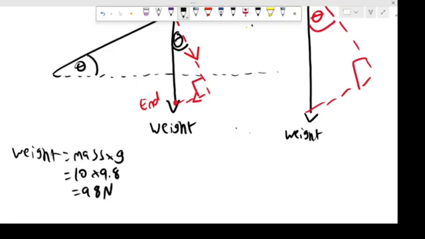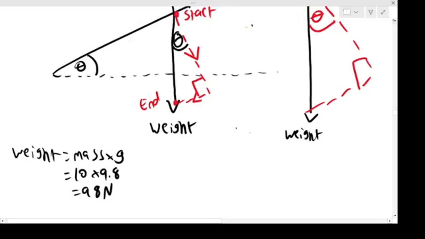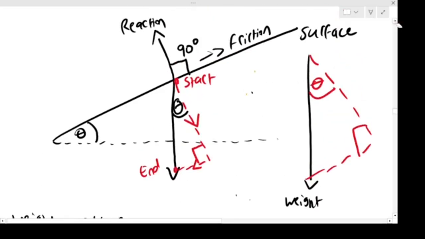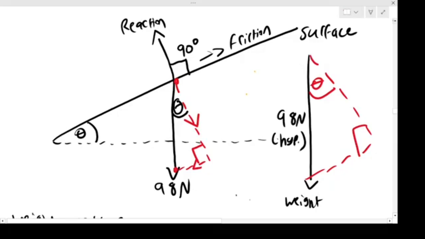So the weight force is going to be 98. Therefore, if I look at this triangle, this side is 98. That's the hypotenuse, because it's opposite the right angle.